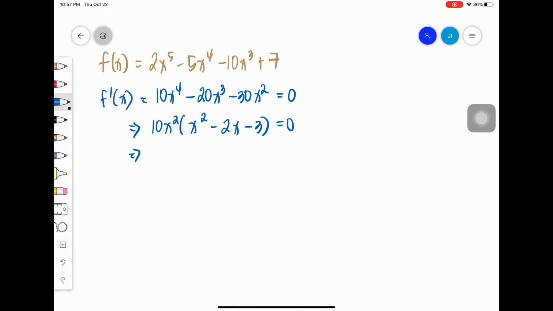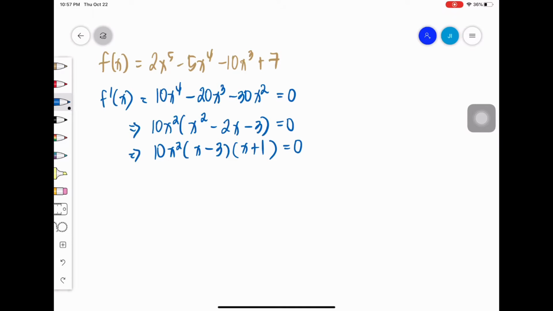Simplifying this further, this becomes 10x squared multiplied to the factors of this quadratic factor inside. This is factorable as x minus 3 and x plus 1, and this is equal to 0. Do you follow?